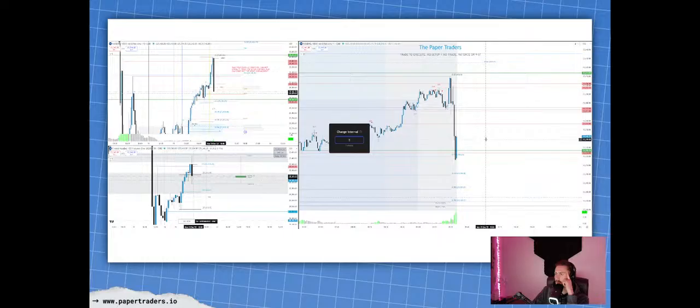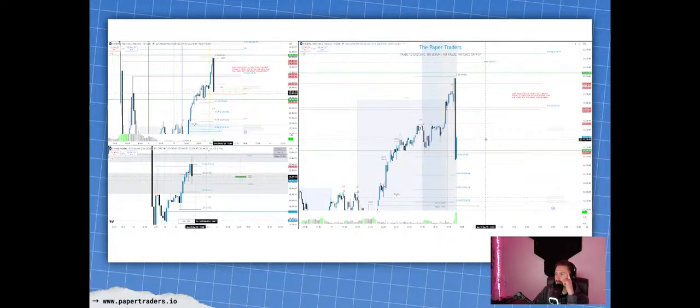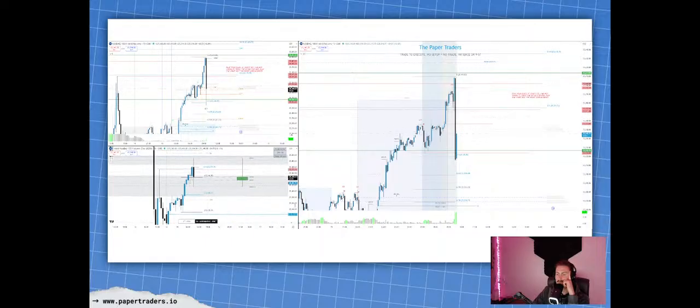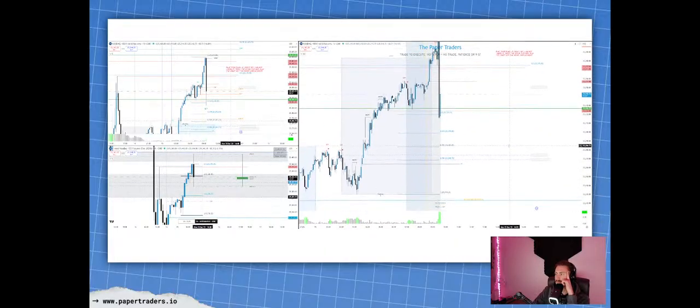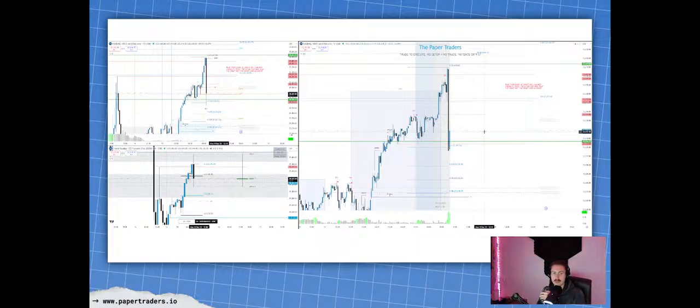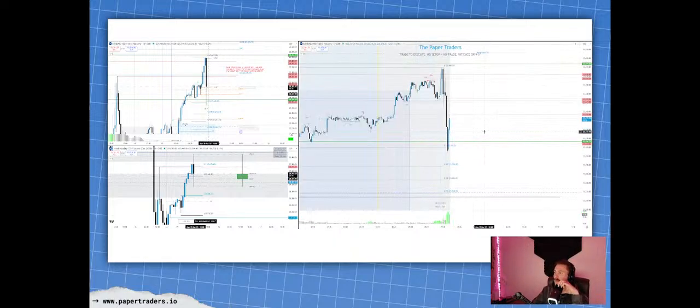Let's see how they want to play this thing out. For rejecting that London Open. Solid rejection here of that 1 minute order block.